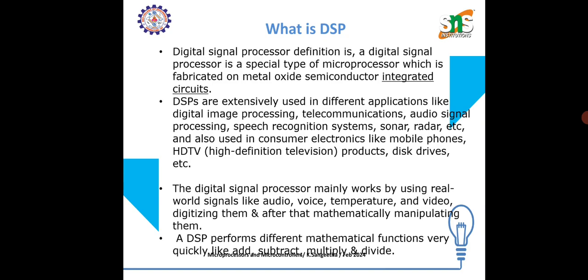DSPs excel at performing mathematical operations and transformations on digitized signals in real time, making them ideal for applications requiring high speed signal processing and computational efficiency. A DSP performs different mathematical functions very quickly like add, subtract, multiply.